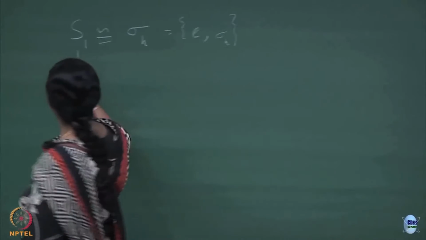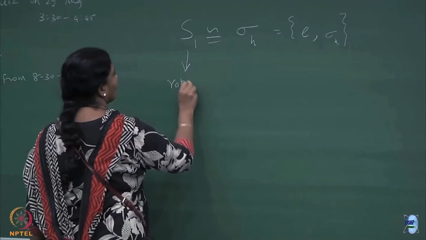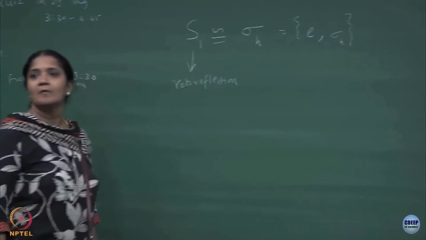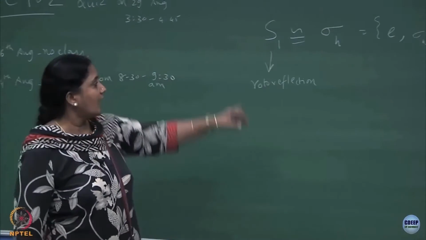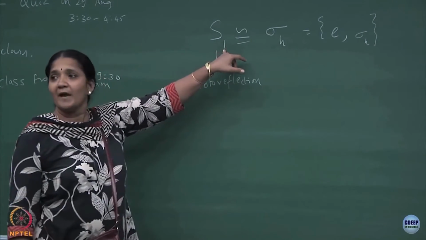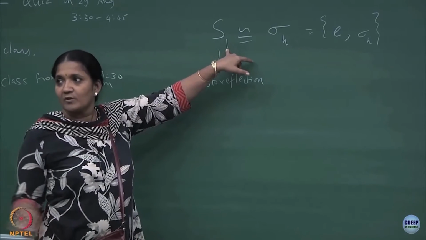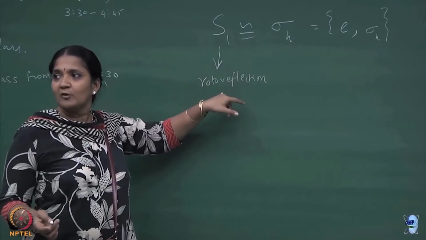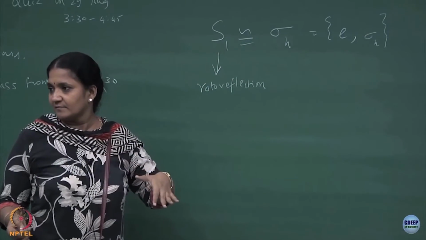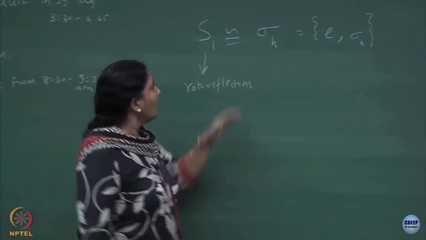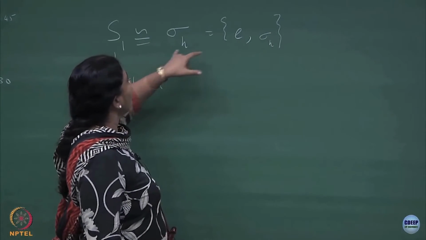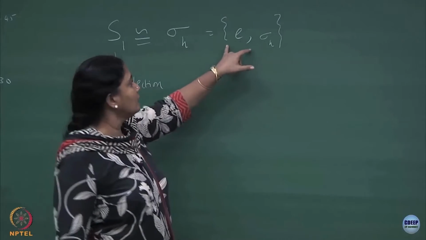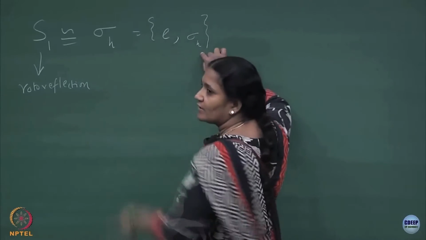S1 is what? It is a rotor reflection, and this 1 denotes rotation by 2 pi by 1, which is a 2 pi rotation, and then you do a reflection on a plane which is perpendicular to the axis. Is that clear? S1 is nothing but just the mirror plane symmetry, and that also forms an order 2 trivial group.